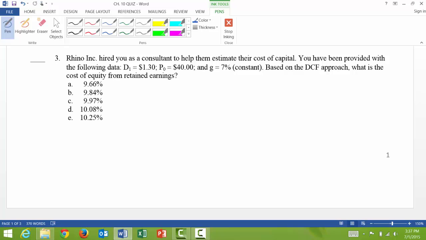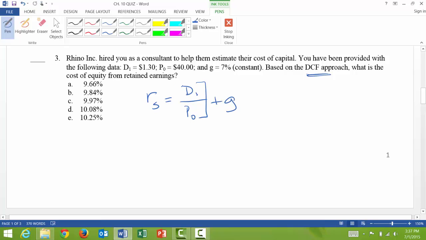In the question before, we were using the CAPM approach. Now we're using the discounted cash flow approach. That equation is RS equals D1 over P0 plus the growth rate. Remember, we do the division before we add the growth rate. So D1 was $1.30, the price they gave us was 40, so we'll divide that first.